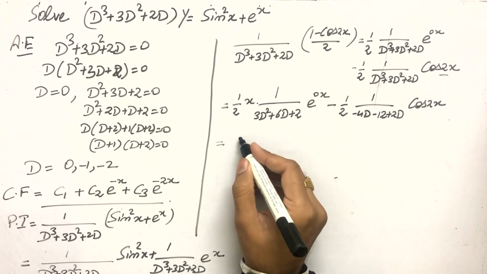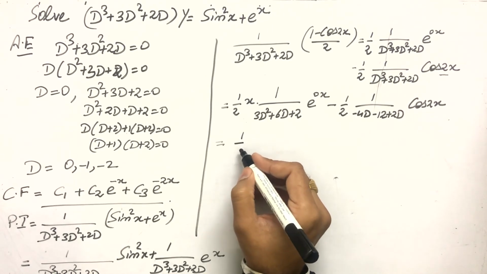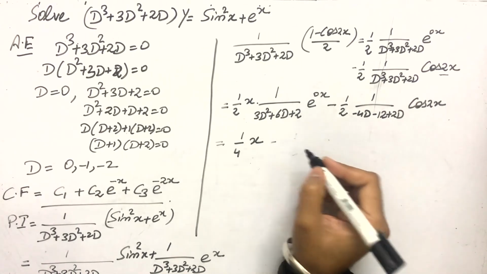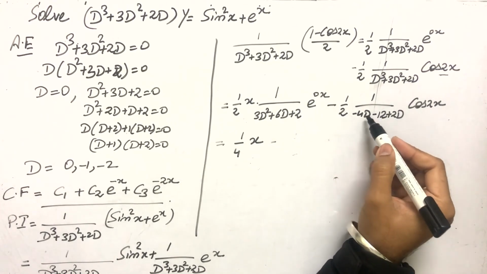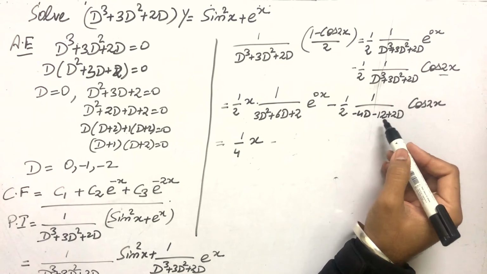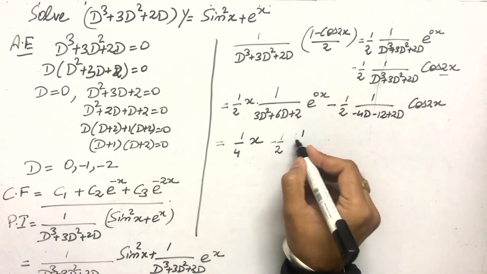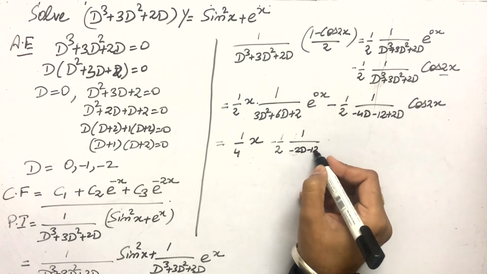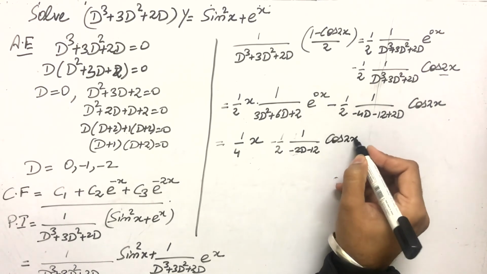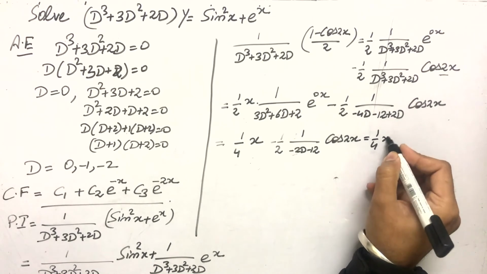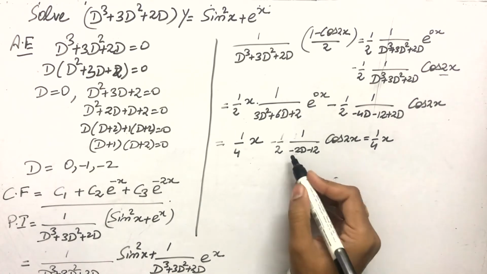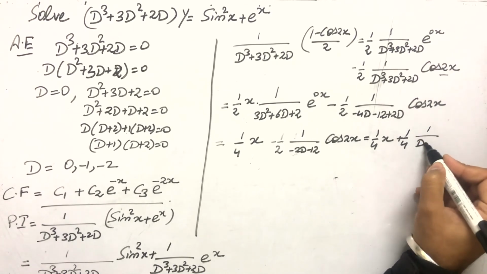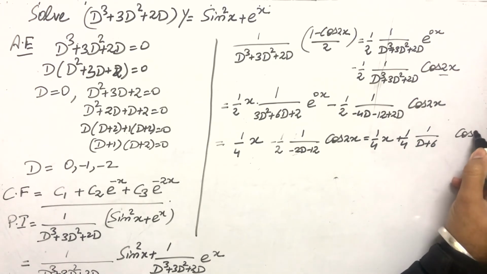So this is 1/4 x, and here we have minus, so this is -4D + 2D, which is -2D. Now let us write it as it is, minus 1/(-2D - 12) cos 2x. Now again simplifying, taking minus 2 common from here, so minus minus plus 1/4, 1 upon (D + 6) cos 2x.